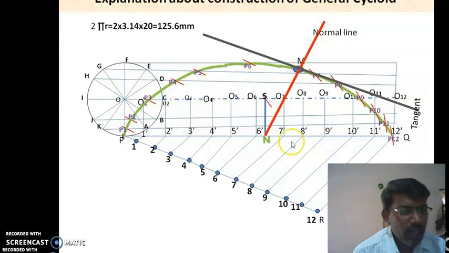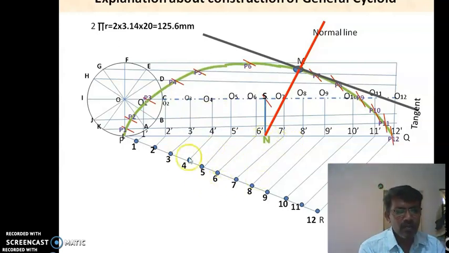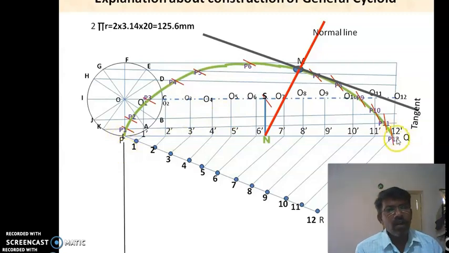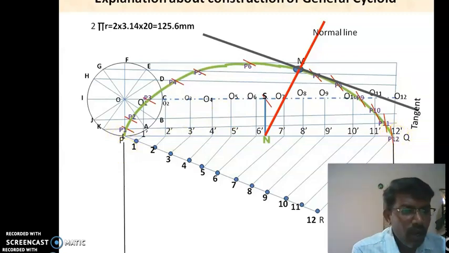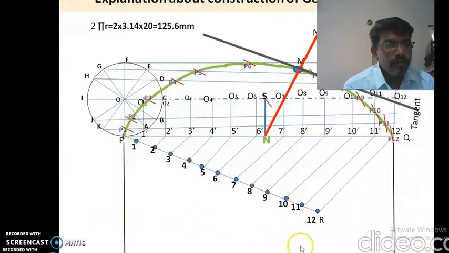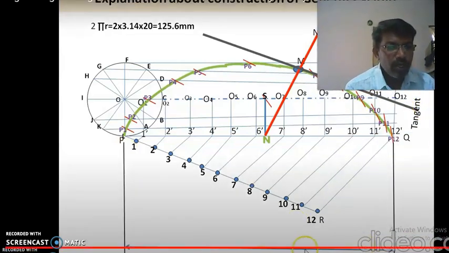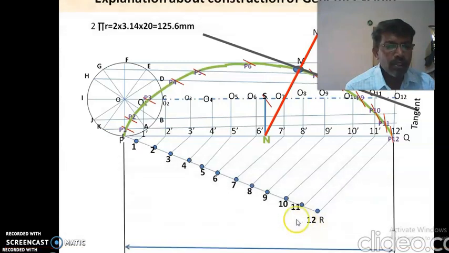Otherwise it may create confusion in making the arcs. So be clear when you are making the arcs from the centers O1, O2, O3, O4 and O5. You have to mention the distance between P and Q clearly, that is PQ, the distance is around 100, pi d, or you can calculate it as pi d.